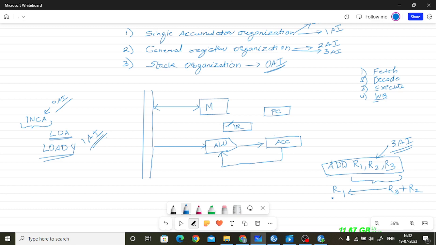If we want to execute this type of instruction with a single accumulator organization, where the general purpose registers R1, R2, R3 are not present, how can we perform that?